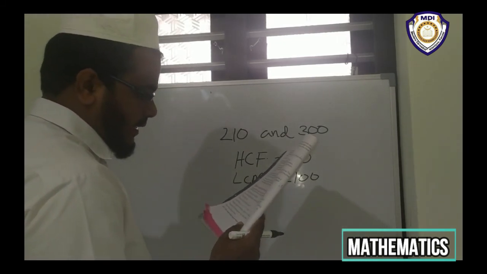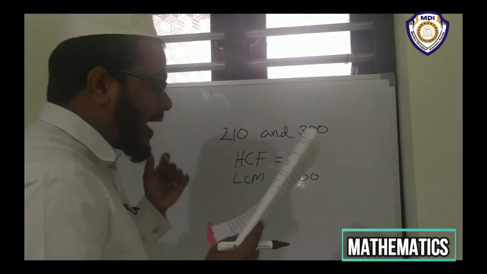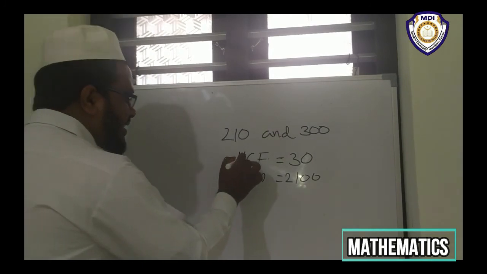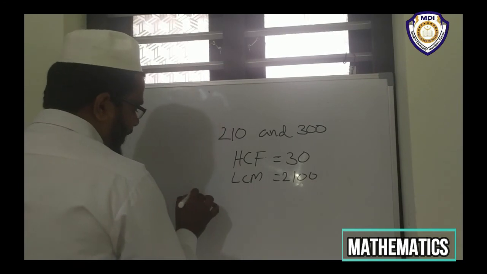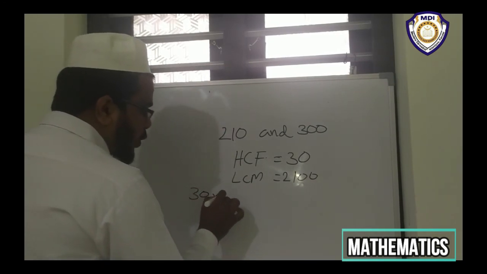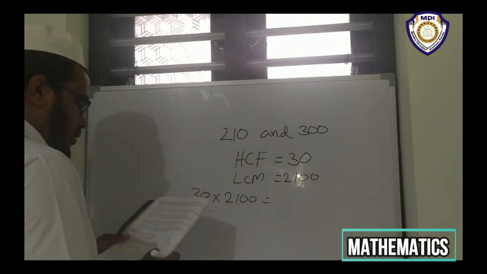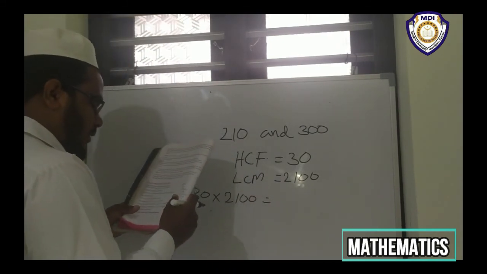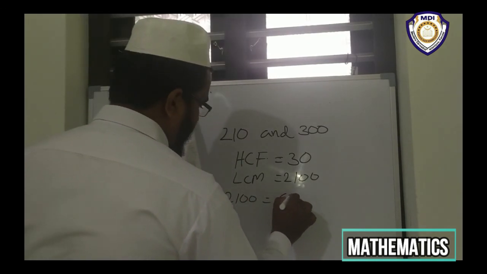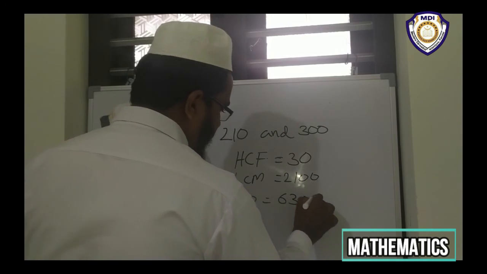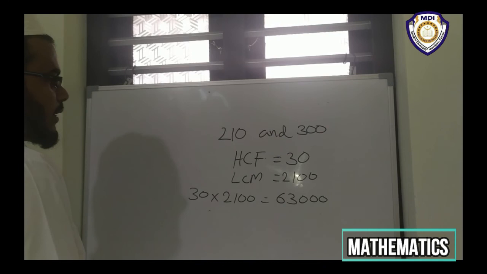Then our relation: the product of LCM and HCF. To get the product, we have to multiply 30 into 2100. What is the answer? 63,000.